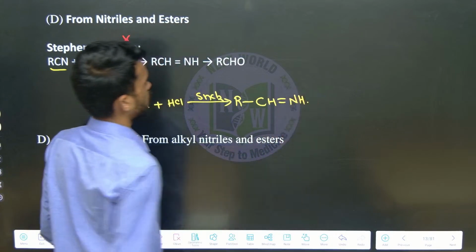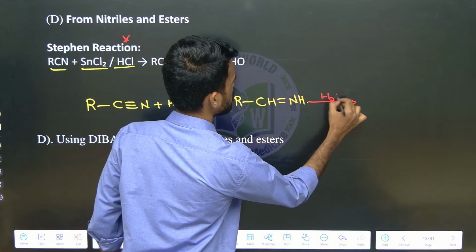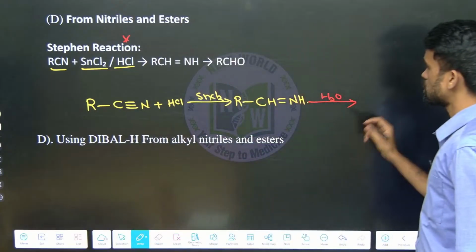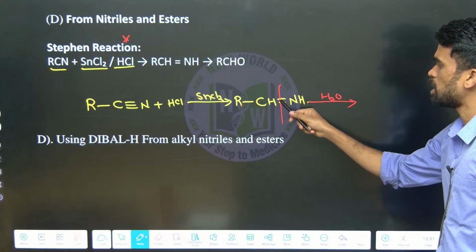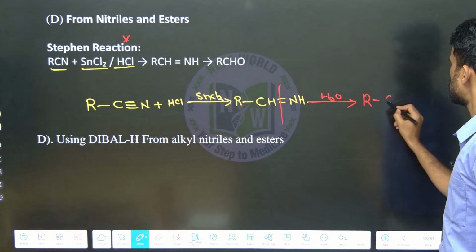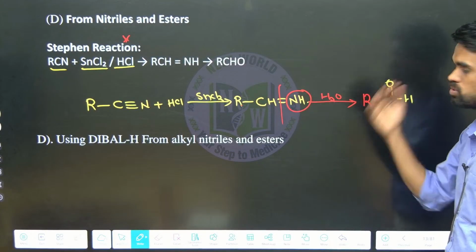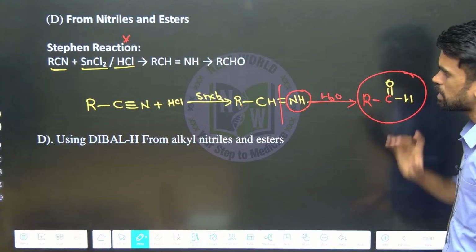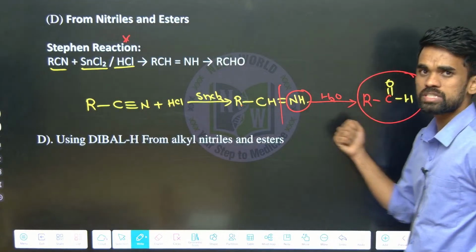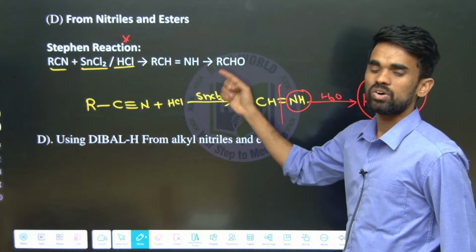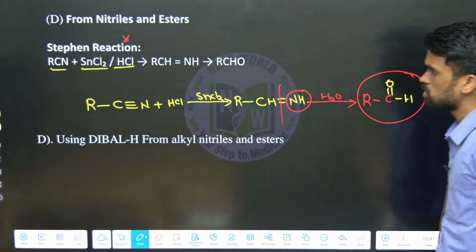This imine will undergo hydrolysis and gives you the final product, RCH double bond O, and ammonia will be liberated. So we got an aldehydic group here. So cyanides convert into aldehydes using SnCl2 and HCl. This conversion is called Stephen's reaction, Stephen's reduction.